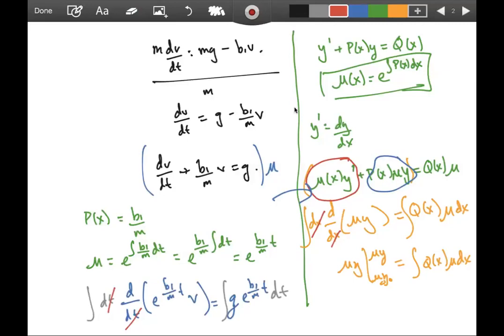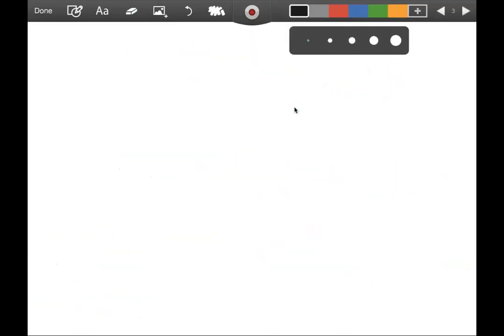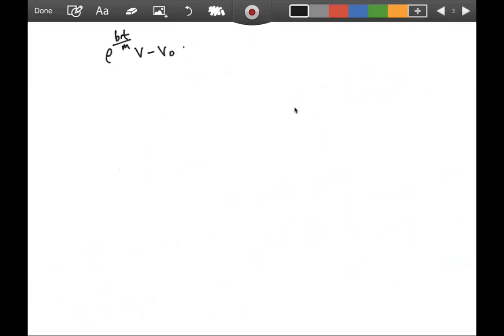So let's write that out. My left-hand side becomes e to the b1 t over m times v minus v0, which is equal to g times the integral of e to the b1 over m times t dt, integrated from 0 to t. Let's keep going.